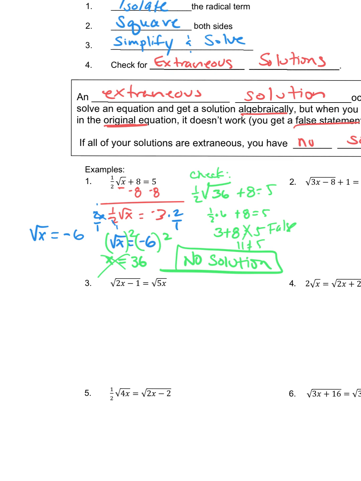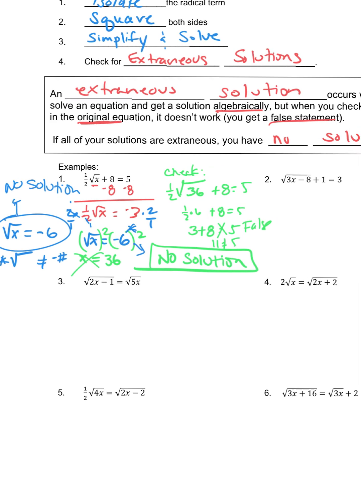So the square root cannot equal a negative number. You can stop at this point and just say no solution. I'm fine with that. If you get to this part and you see this, you can just say no solution. It's the easiest to understand.